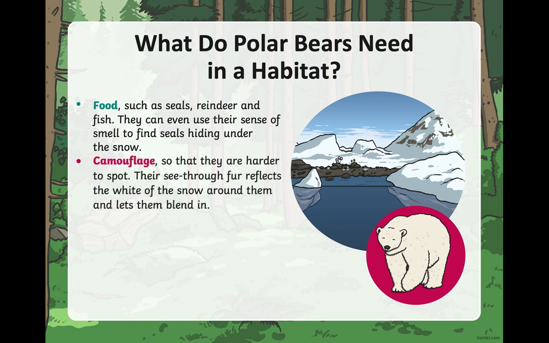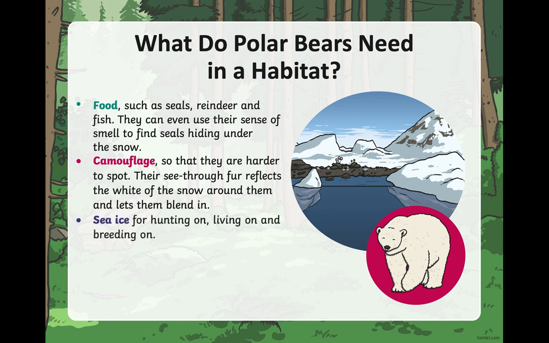So camouflage, so they are harder to spot, right? So they're white. They live in a place where there's a lot of snow, which is also white. Their see-through fur reflects the white of the snow through them and lets them blend in.